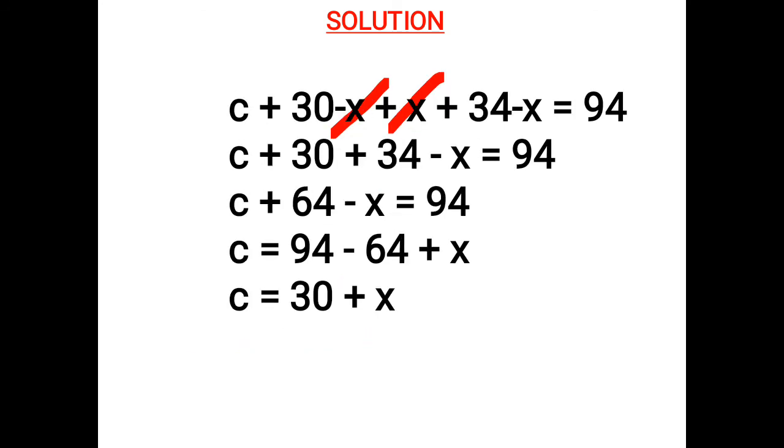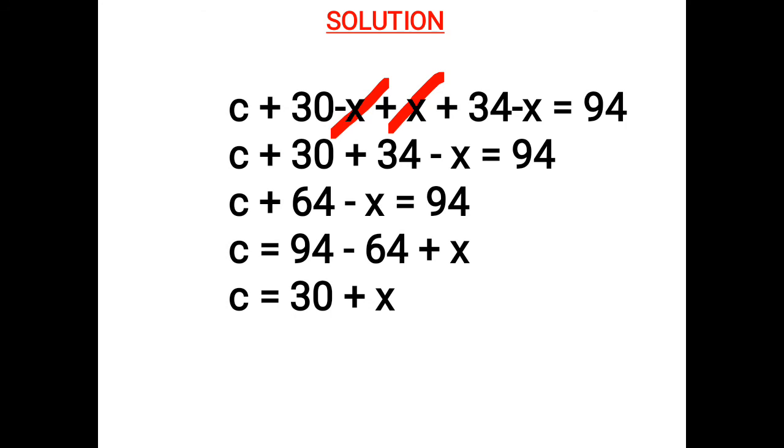Similarly, we go to c. C plus 30 minus x plus 34 minus x equals 94. Negative x cancels positive x. We are left with c plus 30 plus 34 minus x equals 94. 30 plus 34 is 64. So c plus 64 minus x is equal to 94.